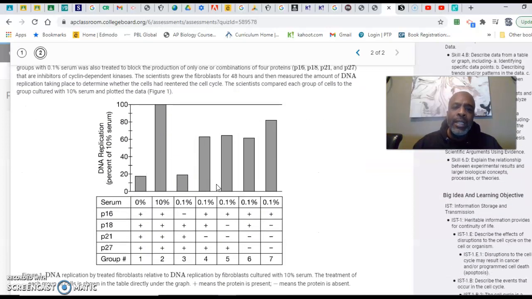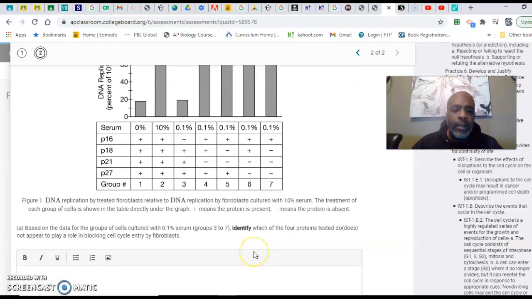Mitosis involves cell division and DNA replication. You see that all of these groups, as compared to the 10% serum, have various levels of DNA replication going on, and this is groups 4 through 7.